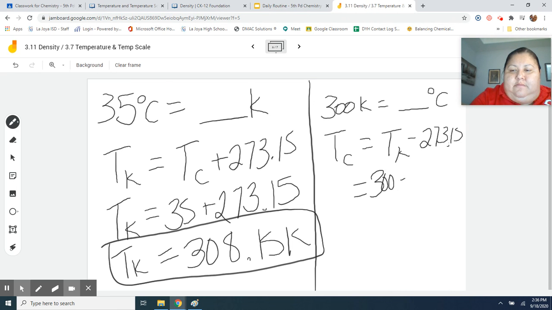300 minus 273.15. And I punch it into my calculator. 300 minus 273.15. Oh, I messed up.